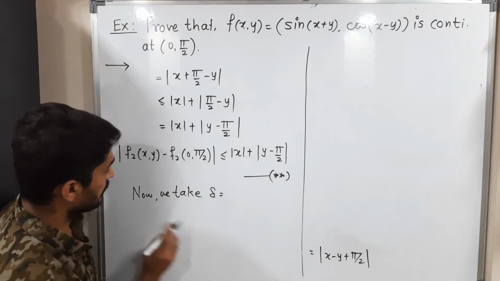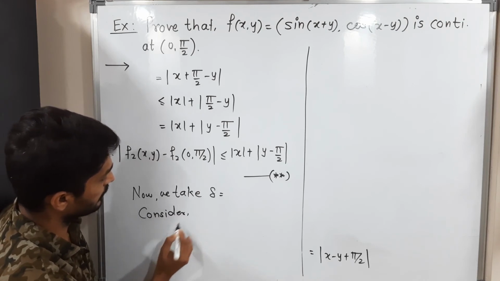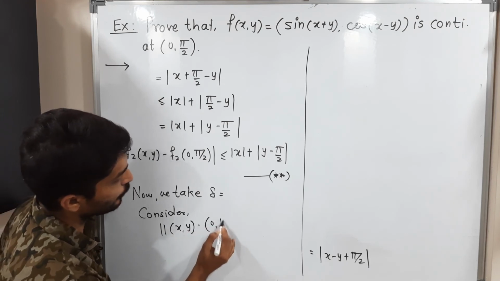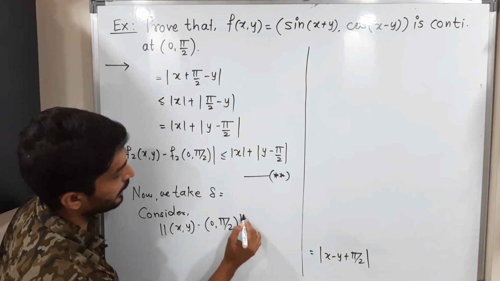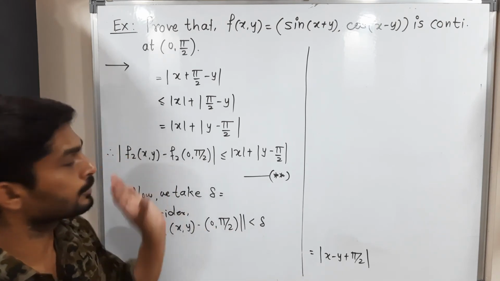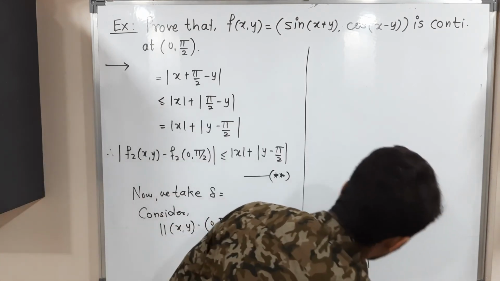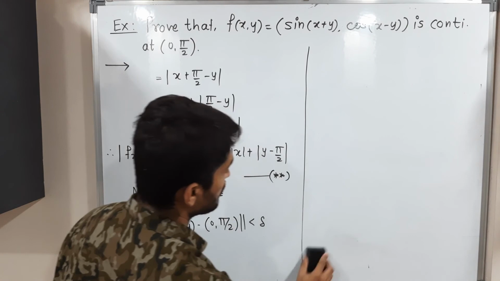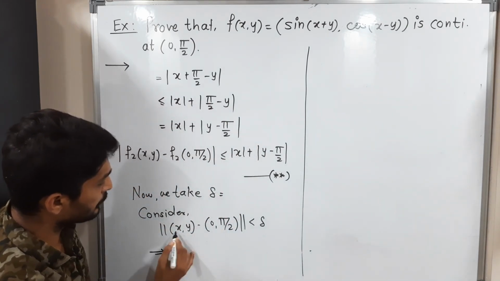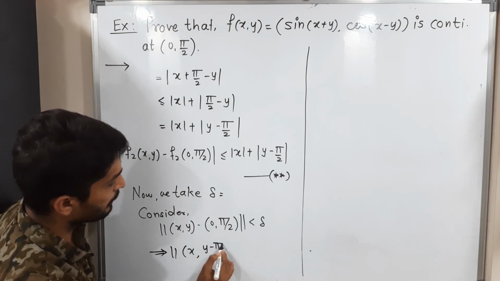So consider the norm of (x, y) minus (0, pi by 2), and this is less than delta. The definition says if it is less than delta, this one should be less than epsilon. So let us solve it now. Many problems we have solved, so you are familiar with what we have to do. Component wise subtraction, x minus 0 we will have x, y minus pi by 2, correct?